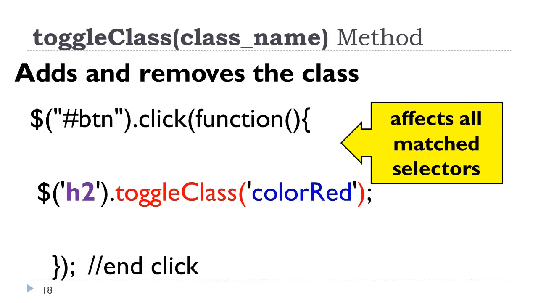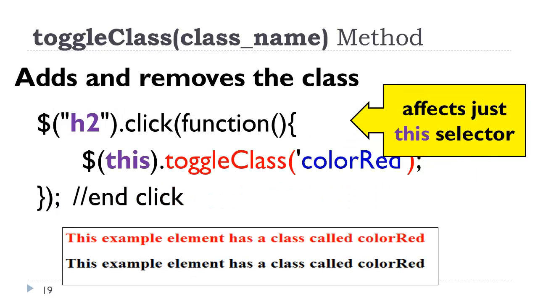Now, a very nice way around this is to use the keyword this. This represents the current instance of the selector that you are manipulating, and in this situation, it is the instance of the H2 we're clicking on. So this is the exact same code as before. Here we have our H2 selector and we're clicking on it.